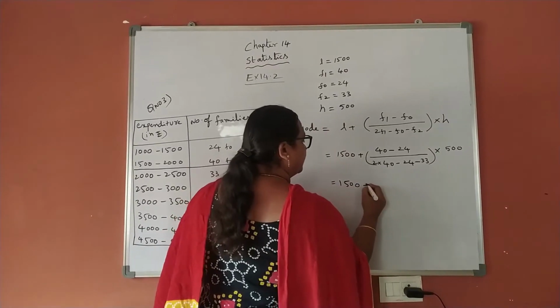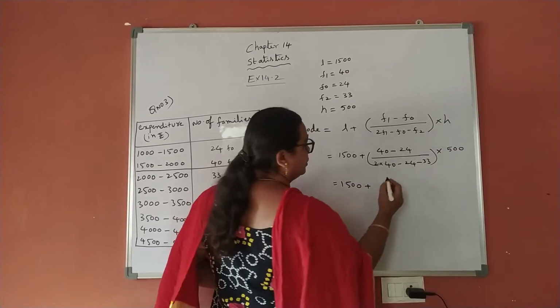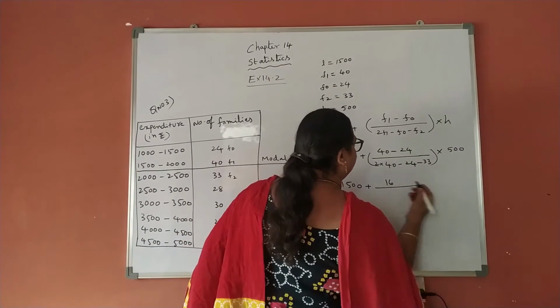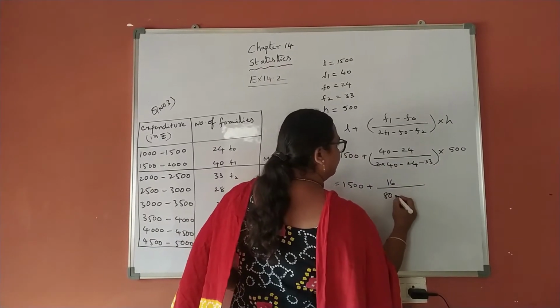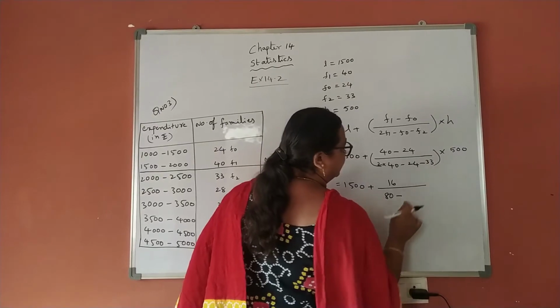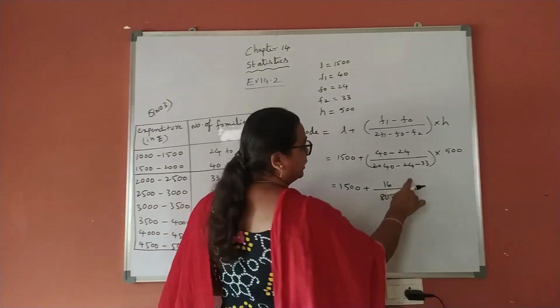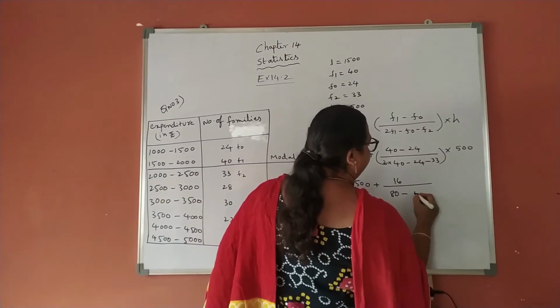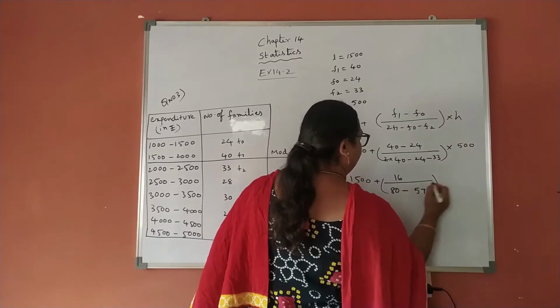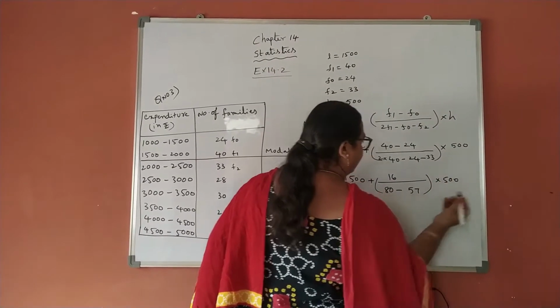So 1500 plus (40 minus 24), that is 16, by (2 times 40 is 80) minus (24 plus 33). Because both are having a negative sign, we need to add, 57, into 500.